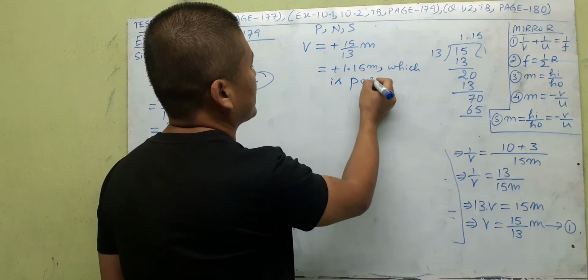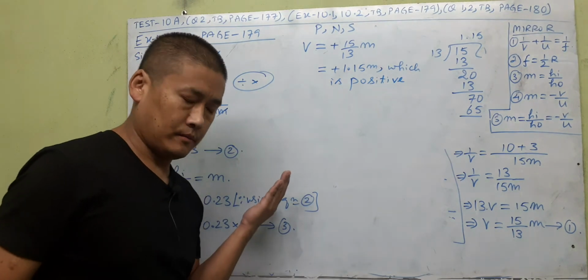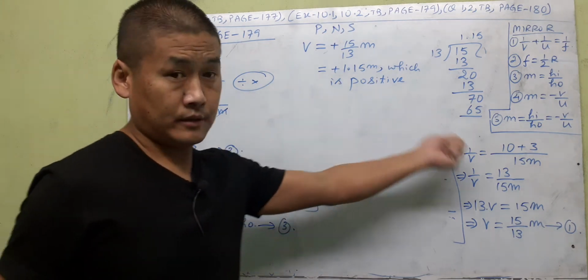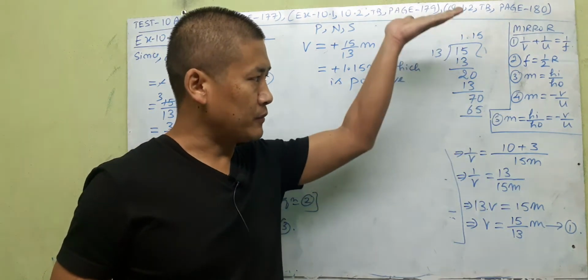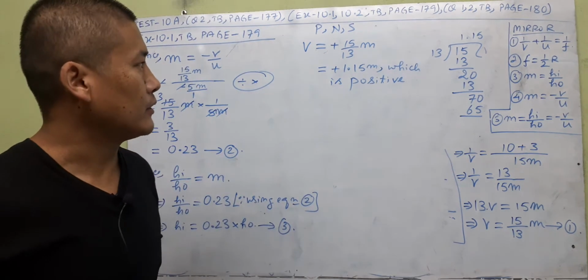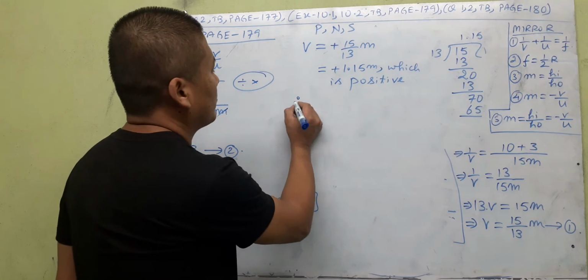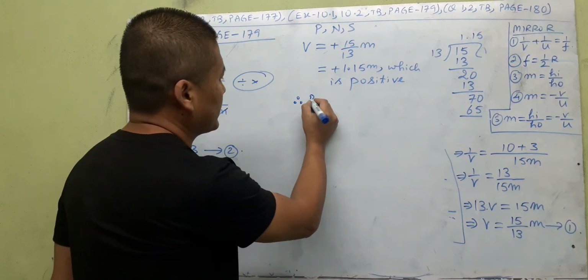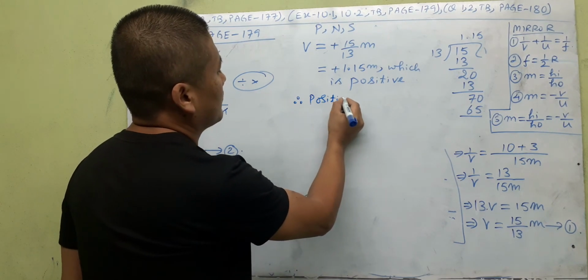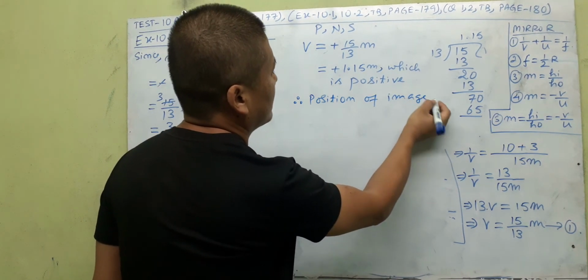Positive. We have to use the sign conventions. We have learned sign convention means left side measured minus, right side is plus, above principal axis is plus, below principal axis is minus. So we're going to apply that. If V is plus, what does it tell you? Therefore, answering the first question, position of image of the bus on the car mirror.